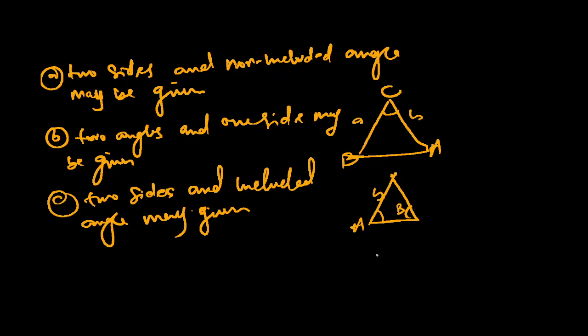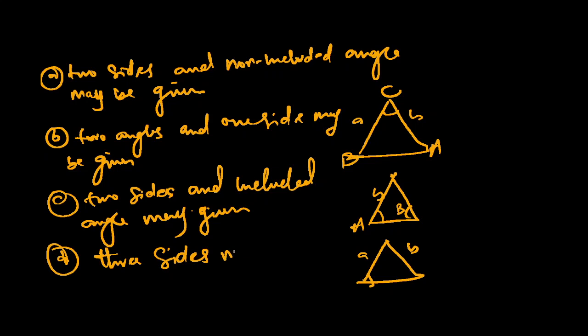That is, you are going to have two sides, A and B. Then we are going to give you one of the angles, either angle B or angle A. Then the last one, which is the fourth one, is three sides may be given. So when you have this, compare the parameters at hand with the two rules for you to know which is going to be better, sine or cosine.